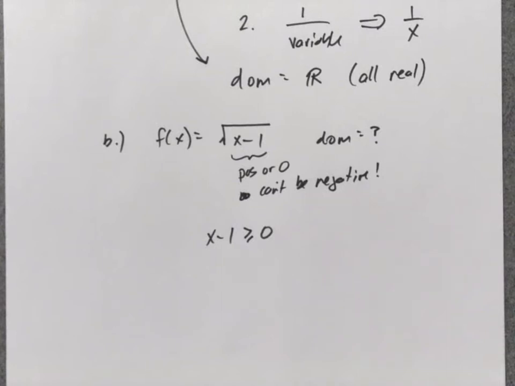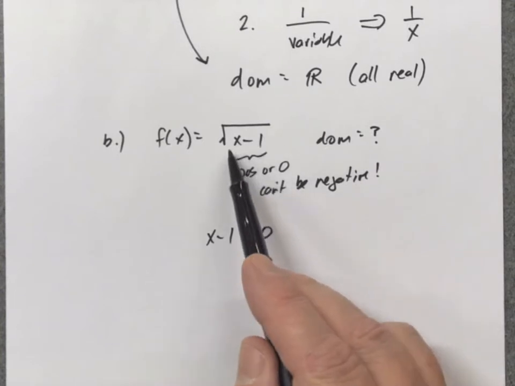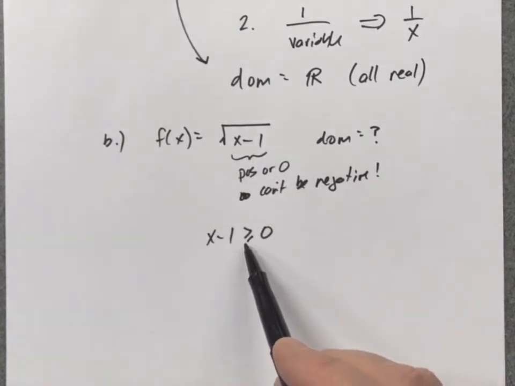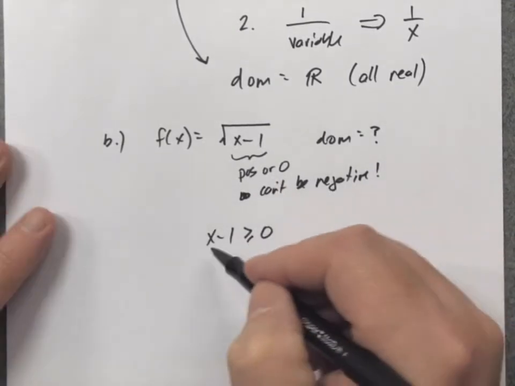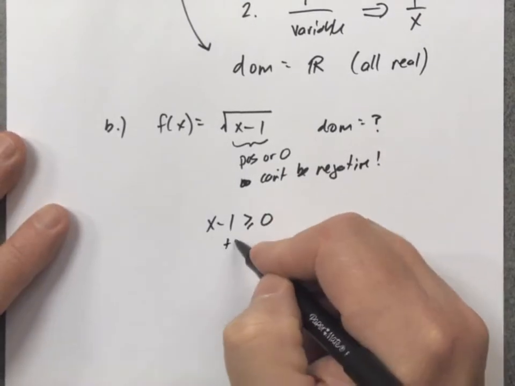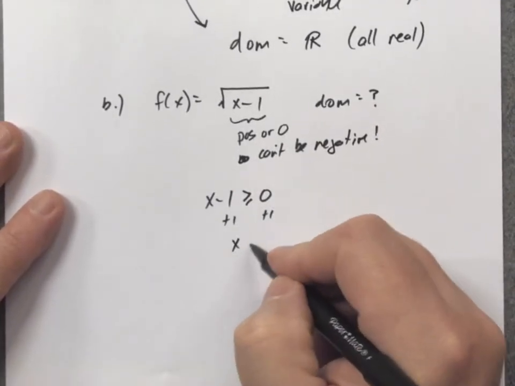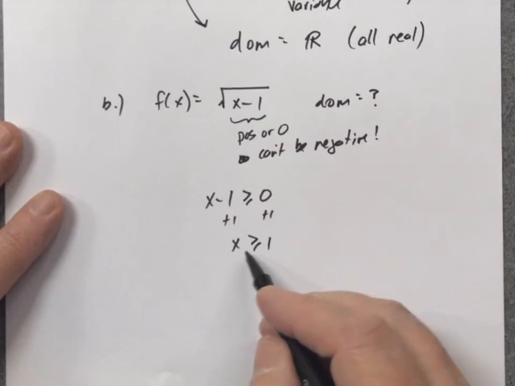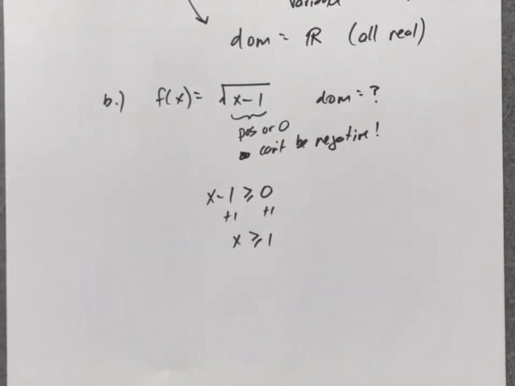That's in a sense what we're saying. So I'm going to write what I've been saying as an inequality, and I'm going to solve this inequality, right? Get x by itself. If I add 1 to both sides, I end up with saying x has to be greater than or equal to 1.